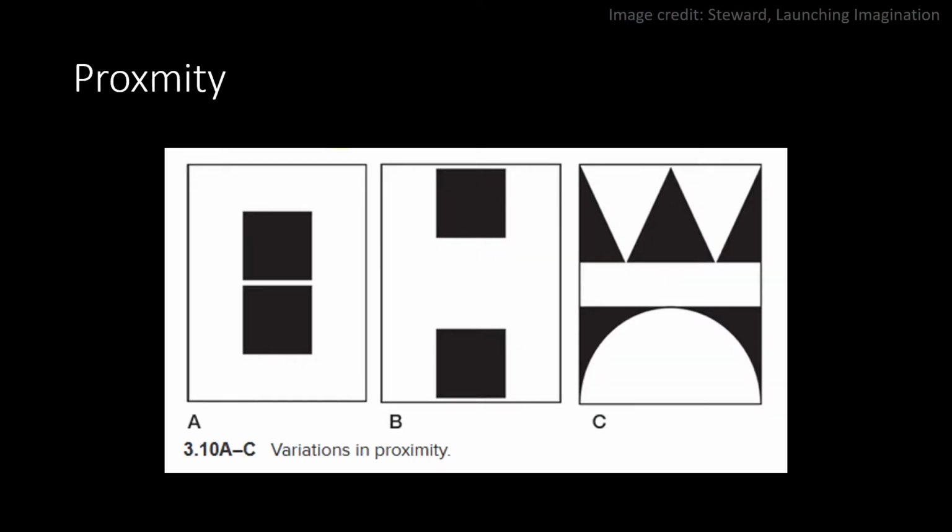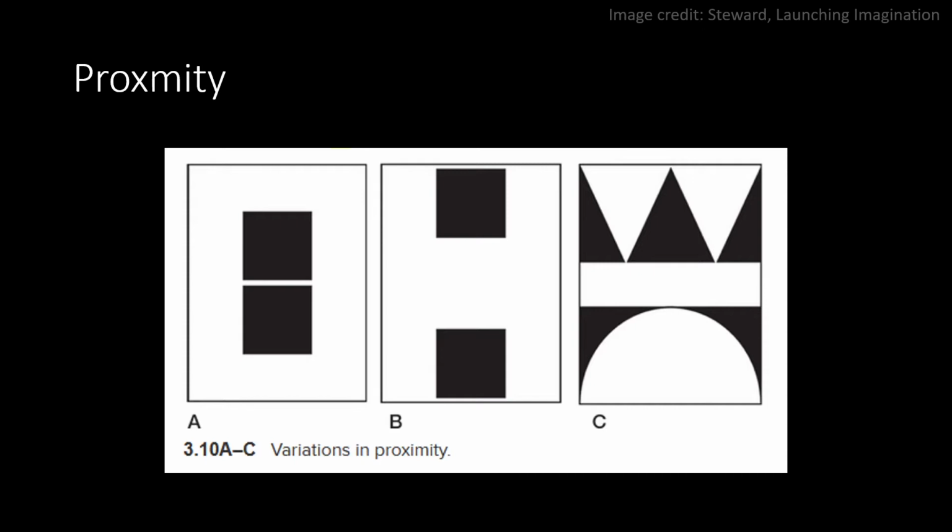And the next one is going to be proximity. In design, the distance between visual elements is called proximity. This image shows how close proximity helps to increase unity. More distant shapes read as separate units, as in image B. So it looks like these two are completely separated.